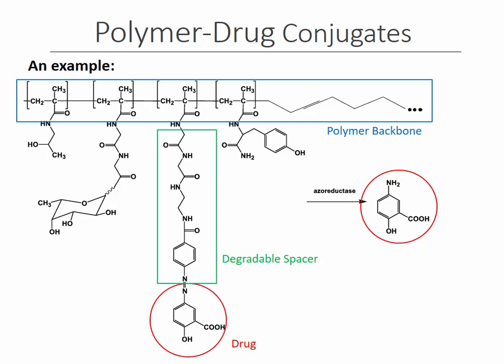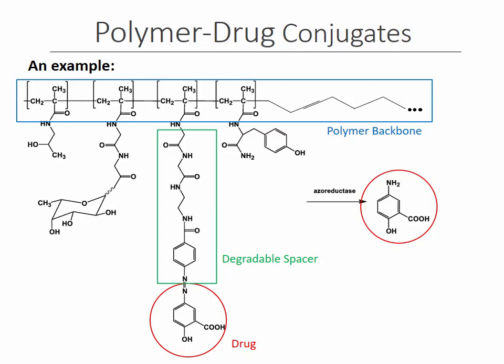It allows an enzyme such as azoreductase to swoop in, cleave the bond, releasing the drug into the environment. There's a couple other groups attached there. Perhaps they're on there to increase the solubility, or maybe they're targeting moieties, to help the drug find where it needs to go.